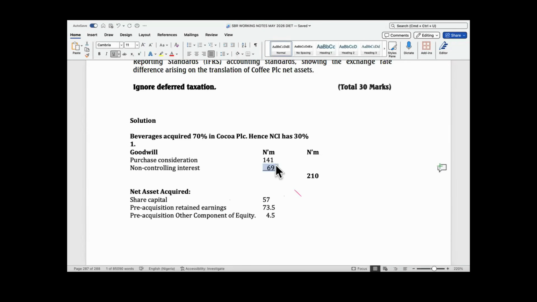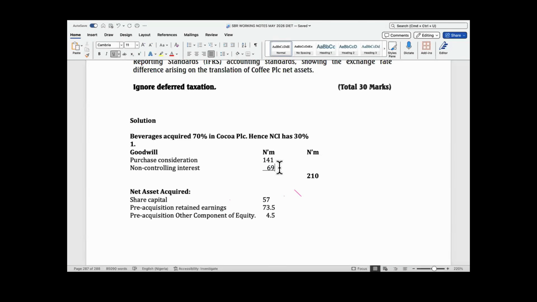So the NCI value will have gone up. And what I want is the value of 10%, because what I bought is not 10% of NCI. I bought 10% of the company. So if you do 10% of 69, you're wrong.